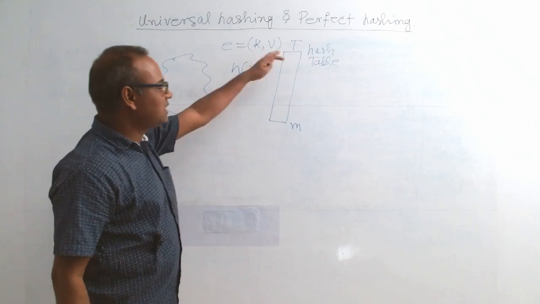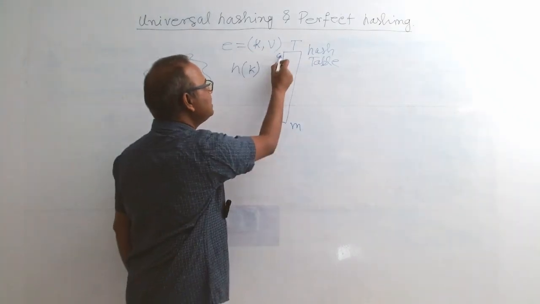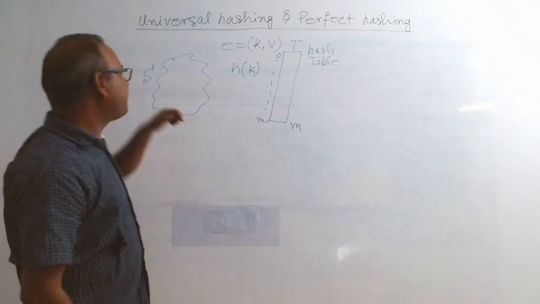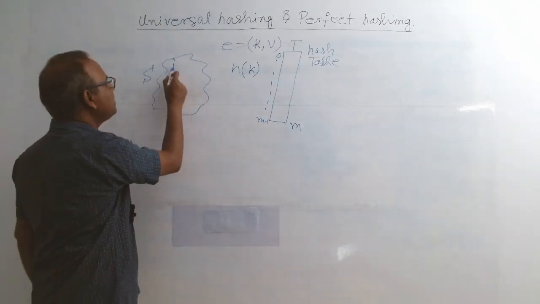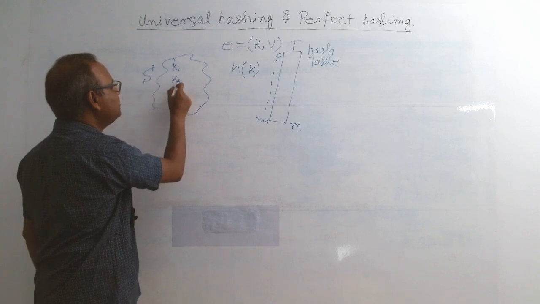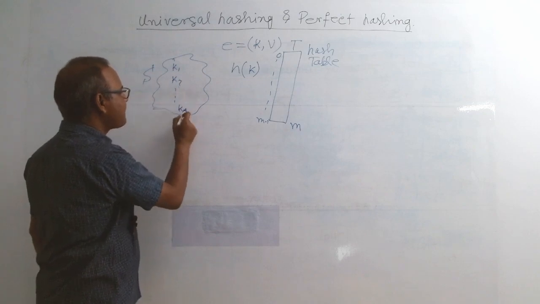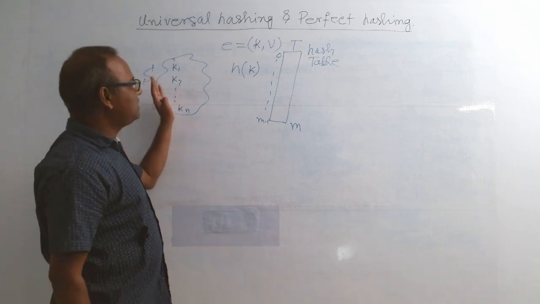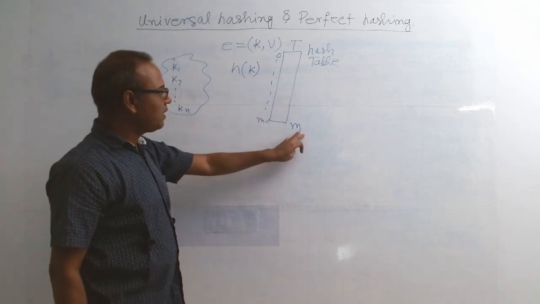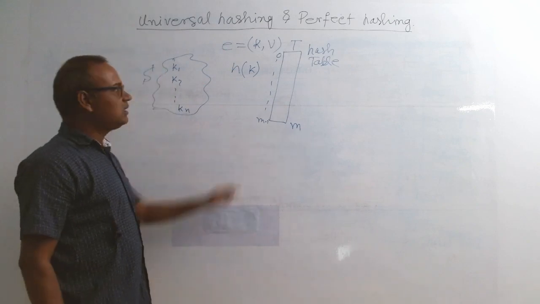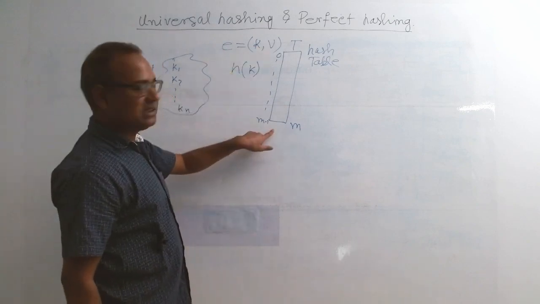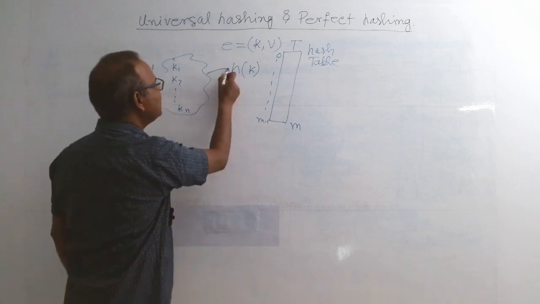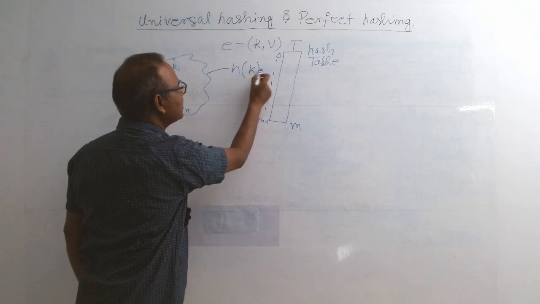So the range of the function lies between 0 to n minus 1, and we have n number of keys, K1, K2, and so on. We have to map these n keys to the given range of the table. So this function is defined to satisfy that condition.